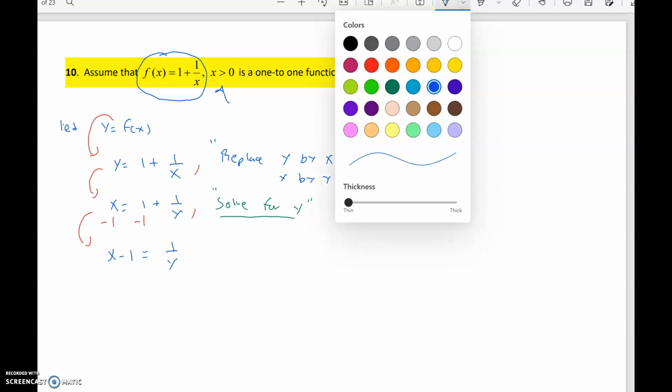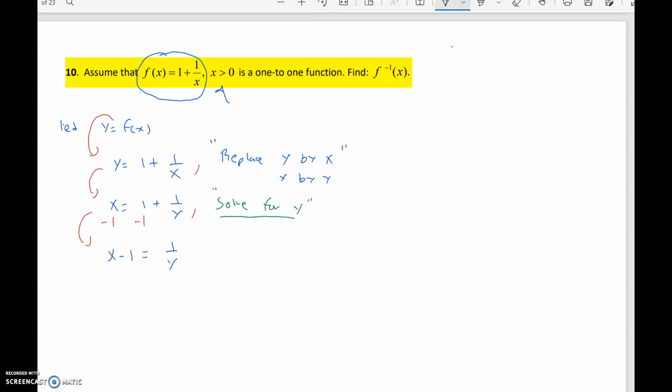And what I'm going to do here is just use negative exponents. So technically raising it to the negative 1 and raising it to the negative 1. And what this is going to give us is that 1 over x minus 1 is equal to y.